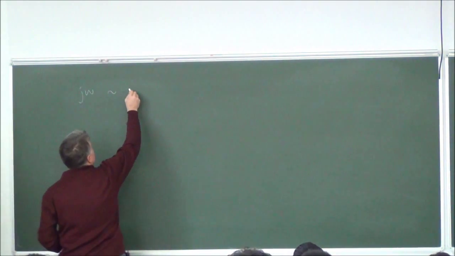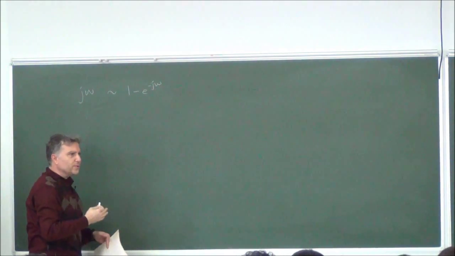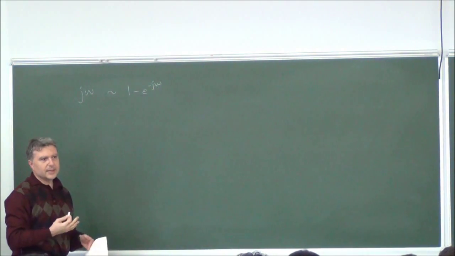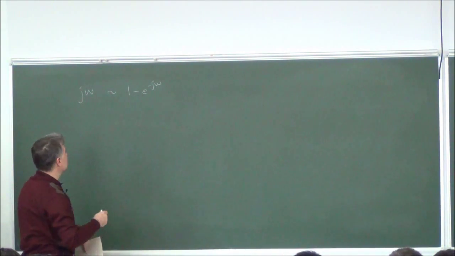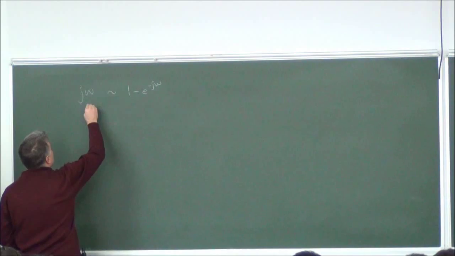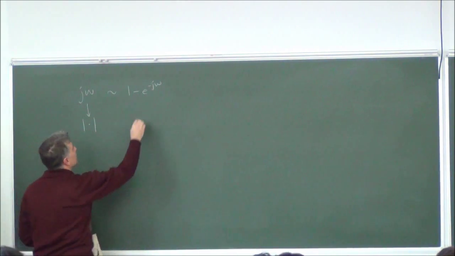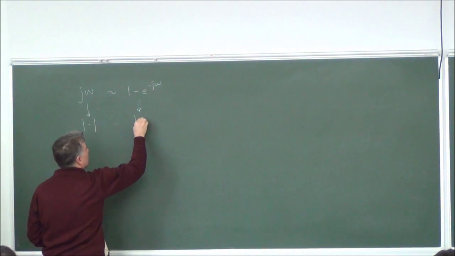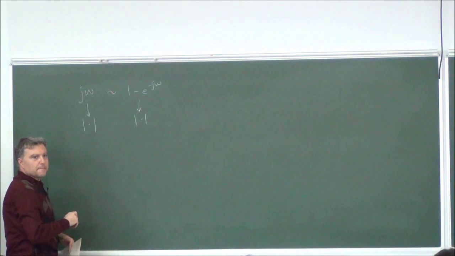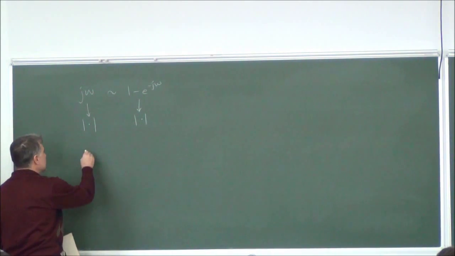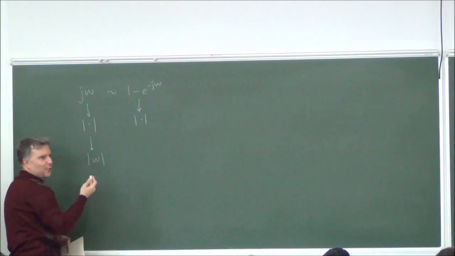Is this similar to 1 minus e to the minus j omega? A full proof of their similarity in any sense is rather difficult. So the motivation that I will propose is something like this. Let's take the magnitude of these things. What is the magnitude of j omega? It is omega, or rather the absolute value of omega.